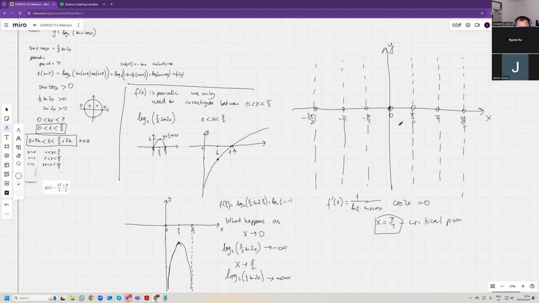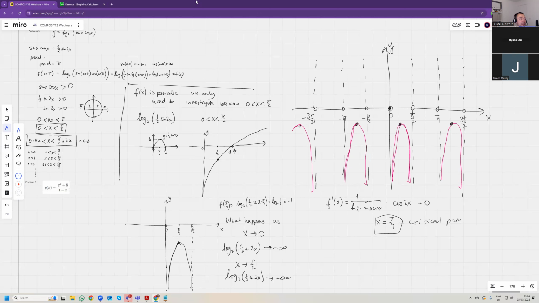And it's going to have maximum points here, here, here, and here. It's going to go like this. Like this. Like this. Like this. So quite a fascinating one.